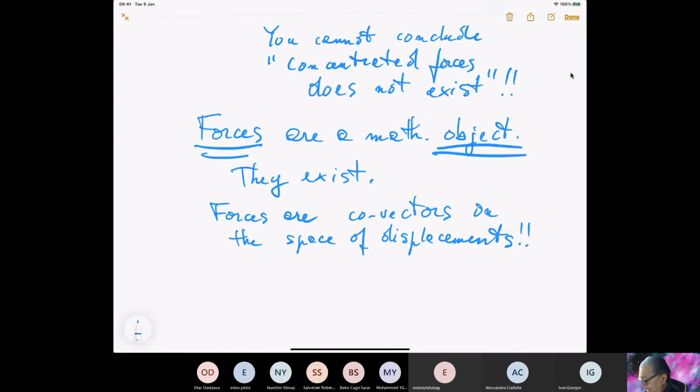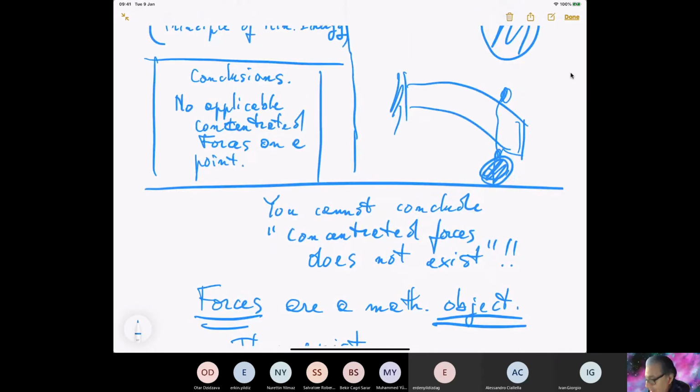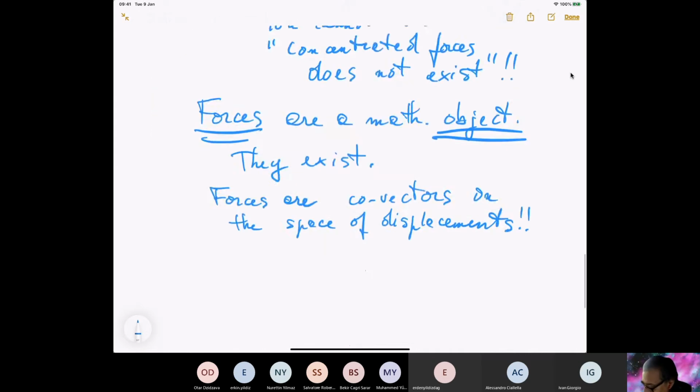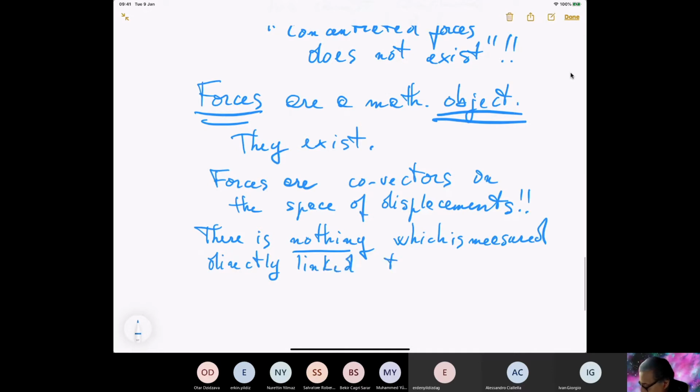And a statement about a mathematical object, by the way, there is nothing which is measured directly linked to forces.